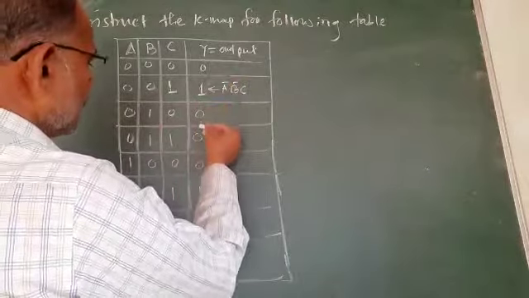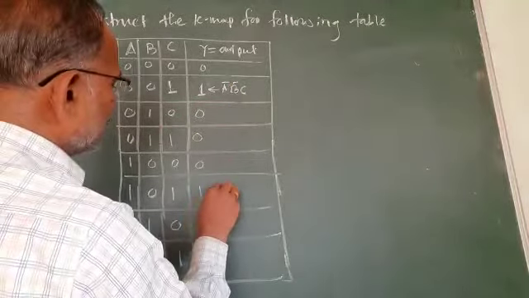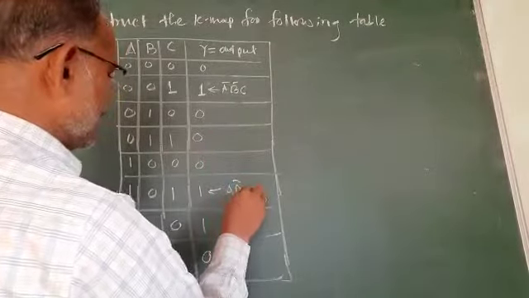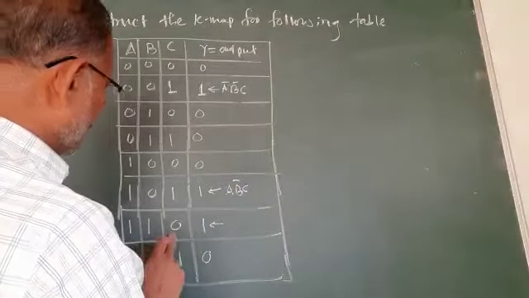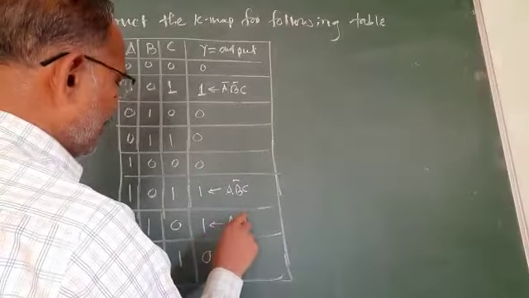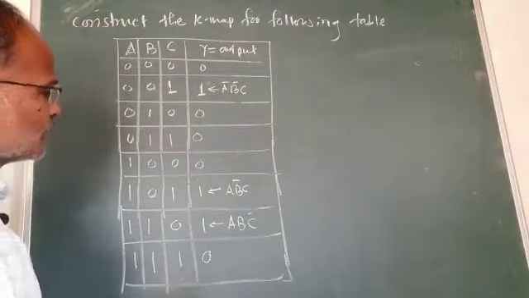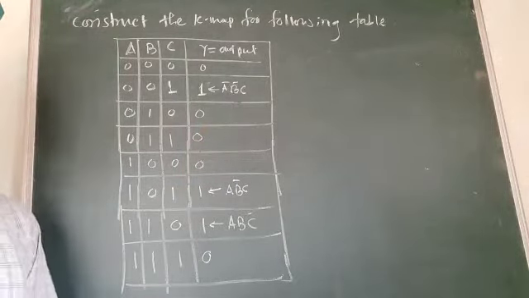Again, there is 0 in this term and 1 in this, so I will write a, b bar and c. Also this one, a110, so I will write a, b and c bar. Here also 0. So the other terms are only 3 terms.